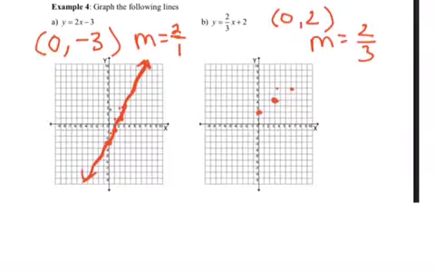The other thing you can do is go the opposite direction from 0, 2. Instead of up 2 to the right 3, I'm going to go down 2 and to the left 3. Down 2 and to the left. Whoops, this is a very sensitive pen. 1. And connect those points.